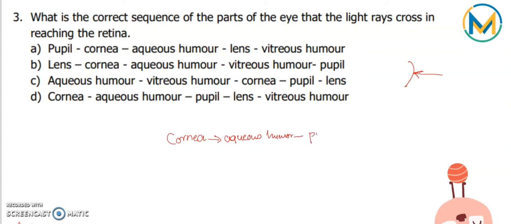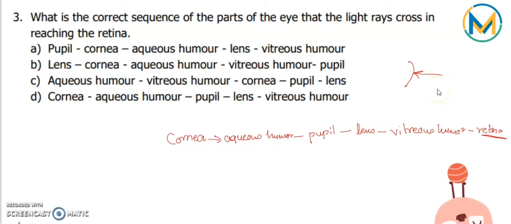Then pupil. Then it passes through lens, then vitreous humor, and then it reaches to retina. Now this retina is a part which gets the sensation of the light and through which we can see.